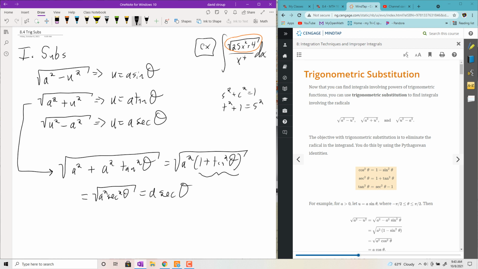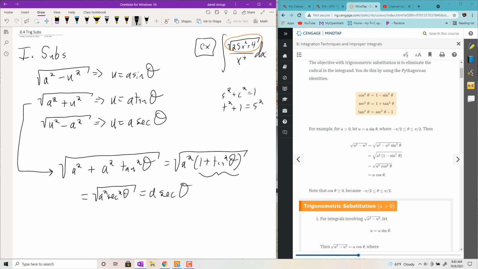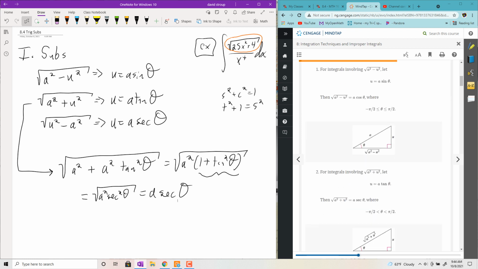Okay. There are some technical restrictions on these substitutions with regards to this angle theta. There will be inverse functions involved, so we always have these funny restrictions that you'll see in the book over there on the right. So notice that cosine theta is greater than 0 because of this restricted range here. Generally, that restriction won't be too big of a deal for us.